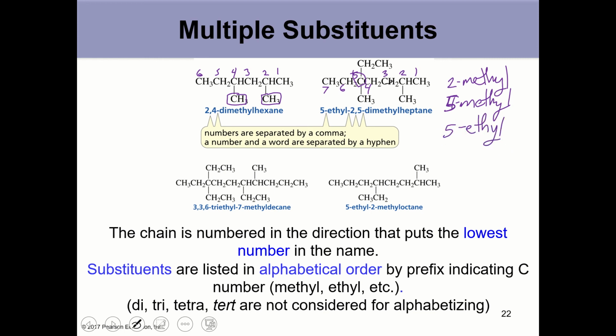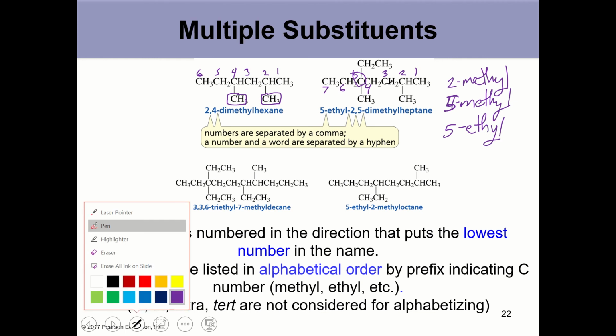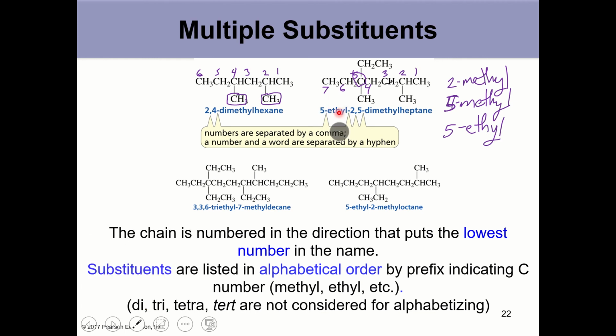Ethyl comes alphabetically first, so it will be listed first in the name. We have 5-ethyl. And then we have our 2 methyl groups, one at 2 and one at 5. So we have 2,5-dimethyl. And then we list our main chain, our heptane.